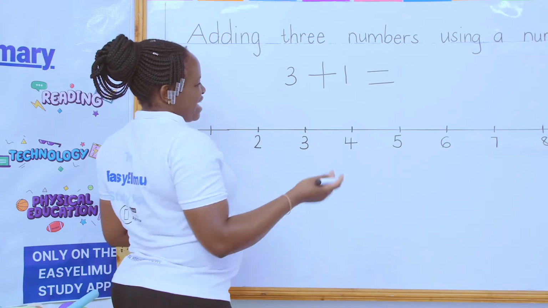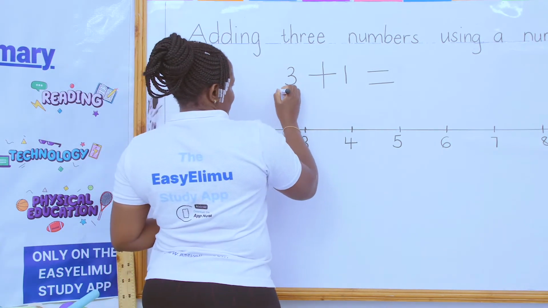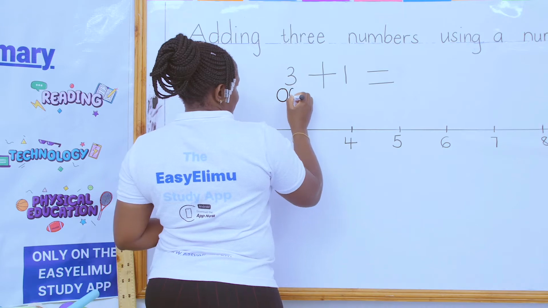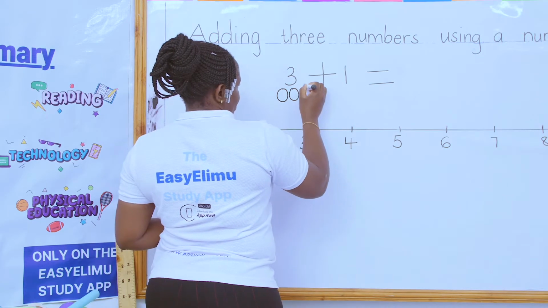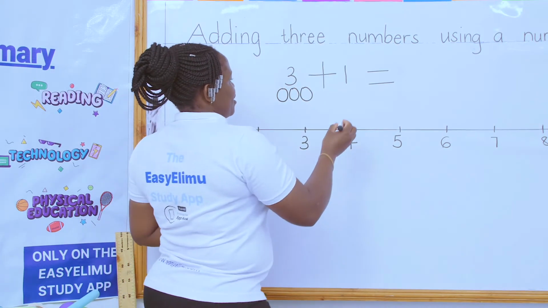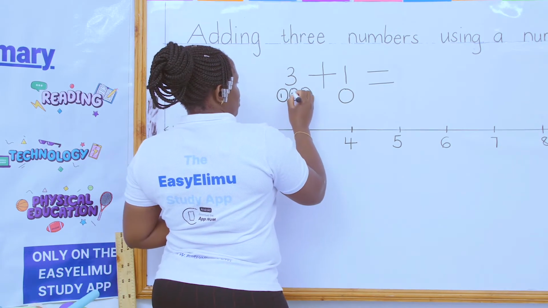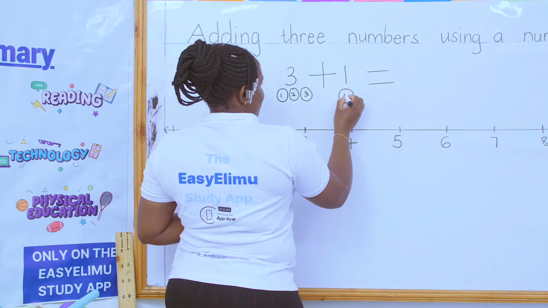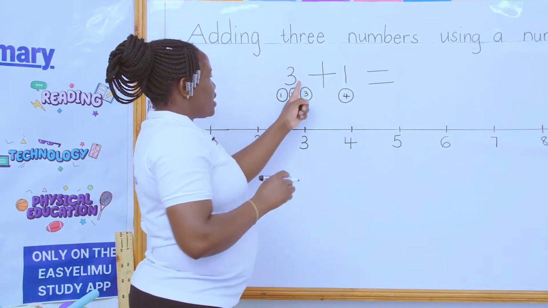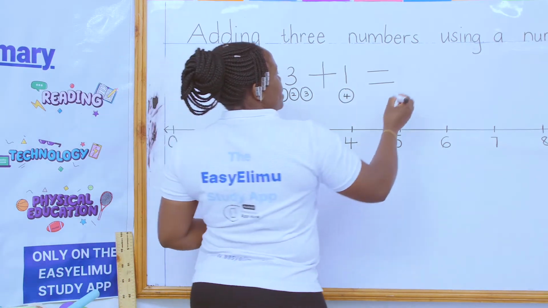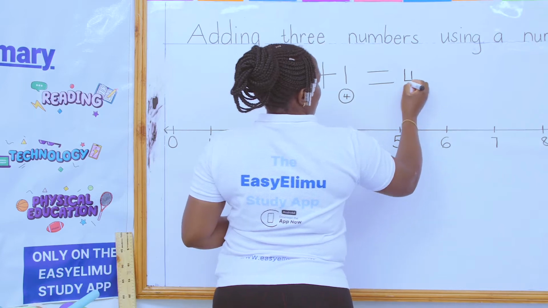Which one is easier? I think let me use counters. We have 1, 2, 3. And then I have 1. So we go 1, 2, 3, 4. So 3 plus 1 equals to 4.